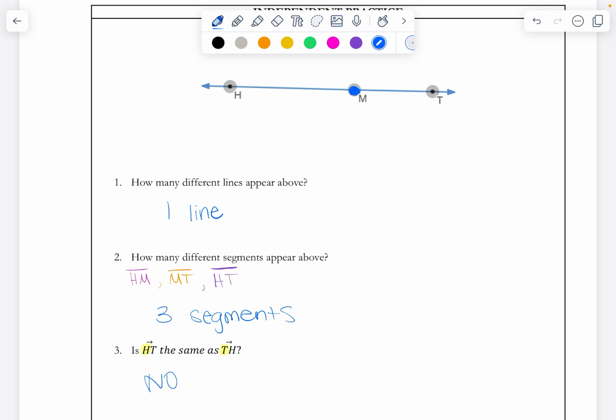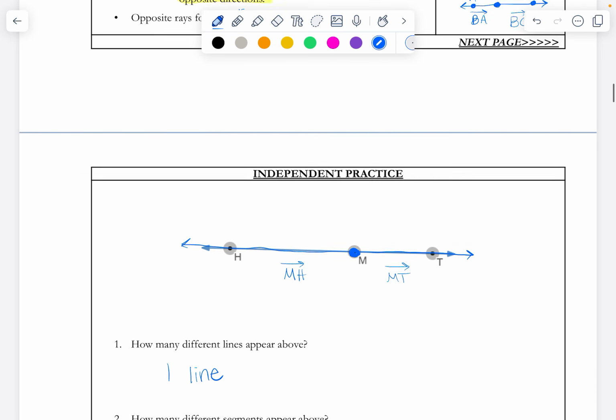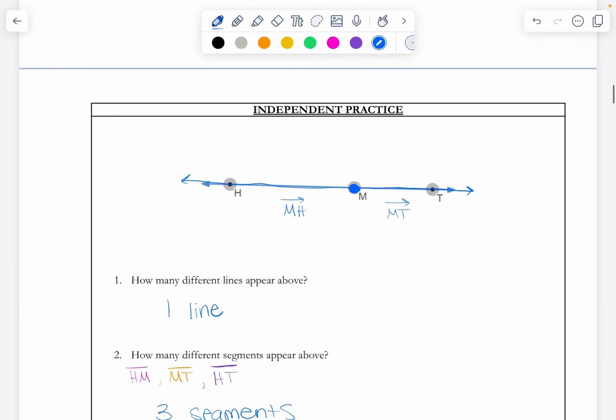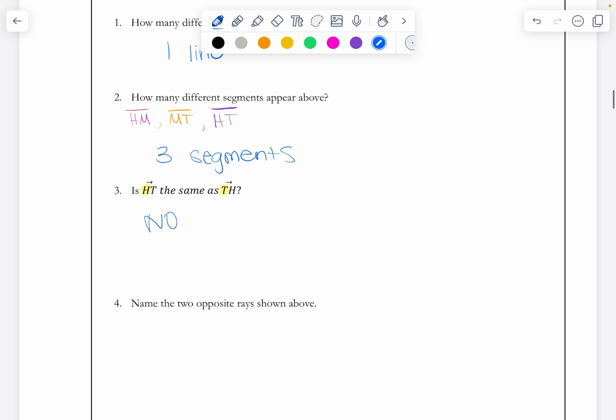So if they both share that as their endpoint, one of them must go towards T, which that one would be labeled MT, and one of them must go towards H, which would be labeled MH with my arrow on the top. Now together, these both have the same endpoint at M. They go in opposite directions, and together they form a line. And if you go back to our definition, that meets the criteria of an opposite ray. So we have our answer here. MH and MT are our 2 opposite rays.